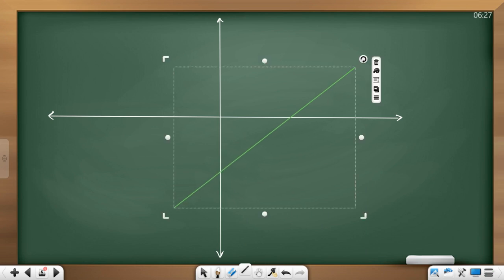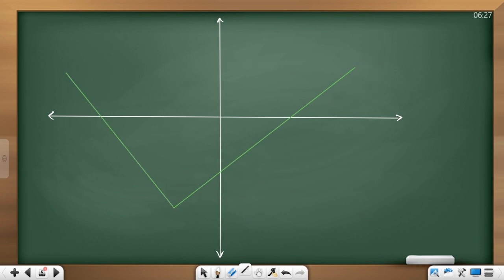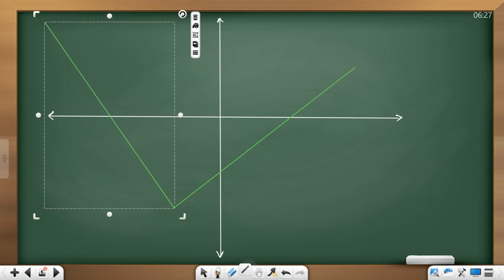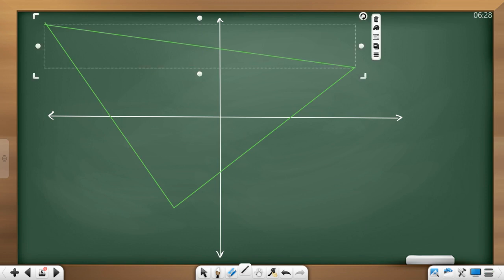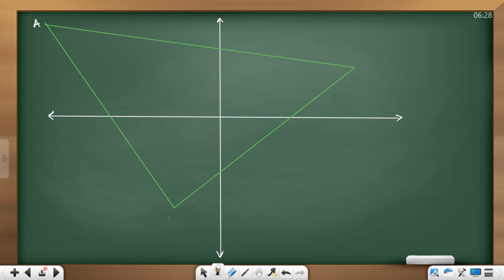There we go. So I have two lines, and what happens here is they would naturally create a triangle. Let's call this point A, this point B, and this point C.